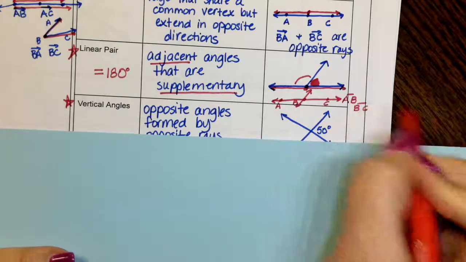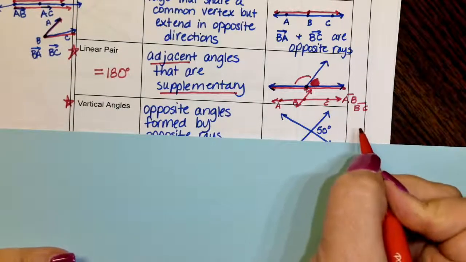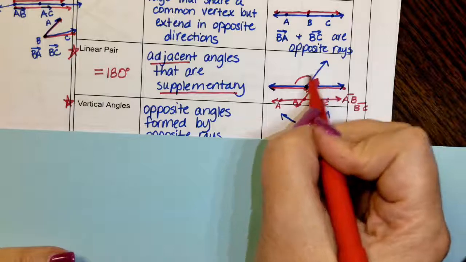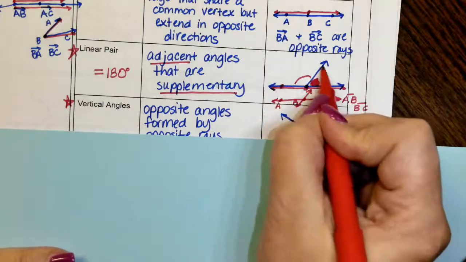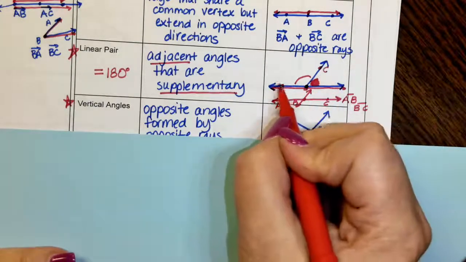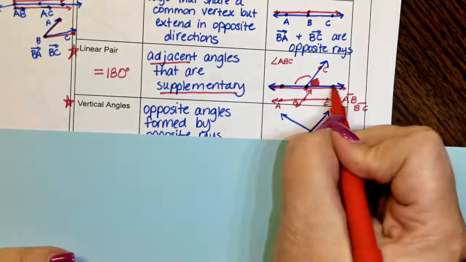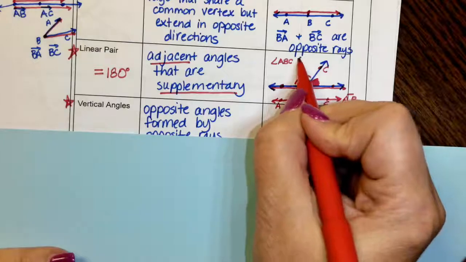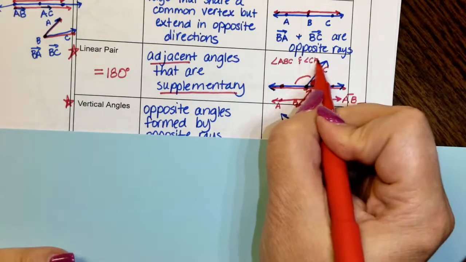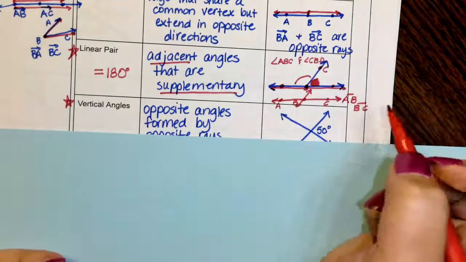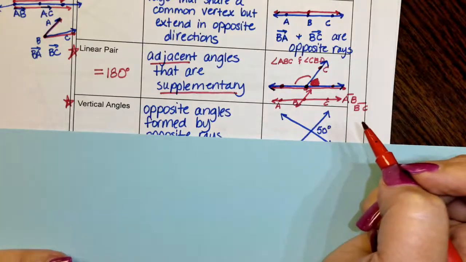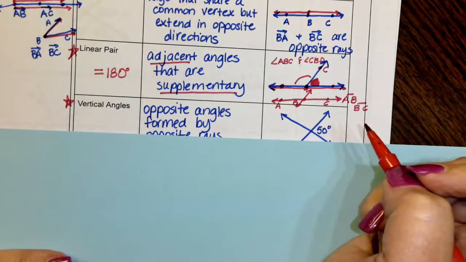Those are segments. Segments never add up to 180 degrees. Where this one might say A, B, C here, it's going to say angle ABC and angle CBD are a linear pair. So it has to say angles. Angles are linear pairs, but segments are never a linear pair. So don't get confused by that.